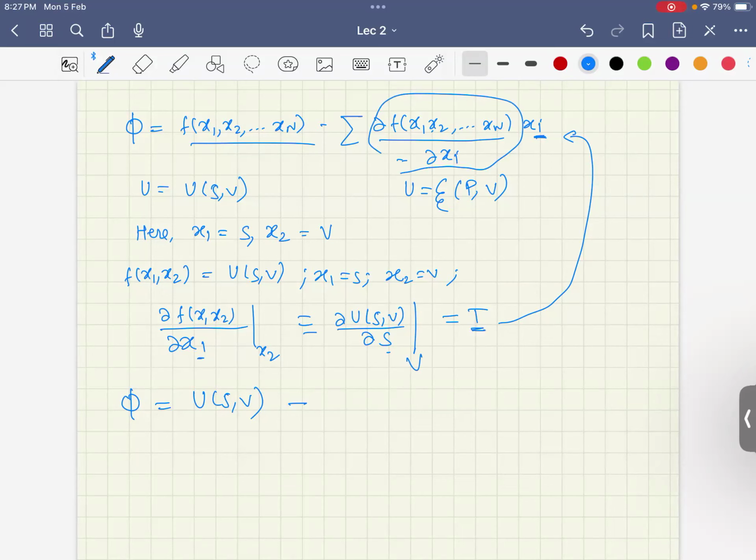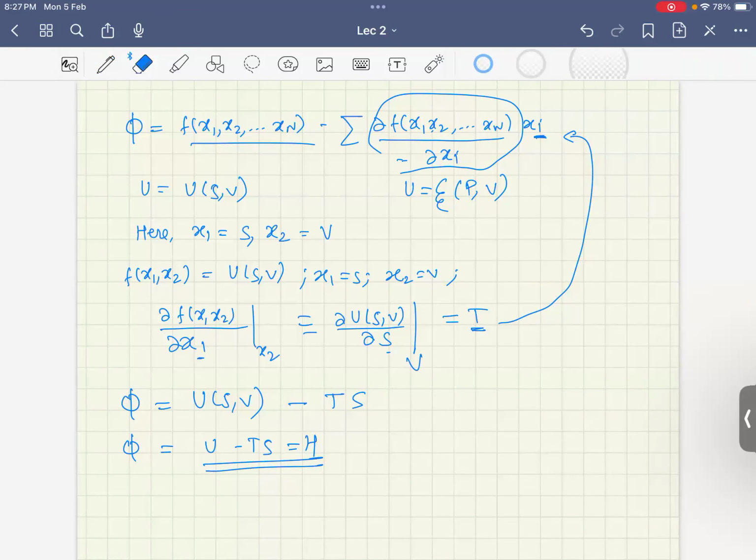Its value is T. What is xi? This is S. That means phi equals U minus TS. But what is U minus TS? This is H. Right. So for these things this Legendre transform is used, basically to convert one function to another function. Sorry, U minus TS is not H, it is Helmholtz energy.